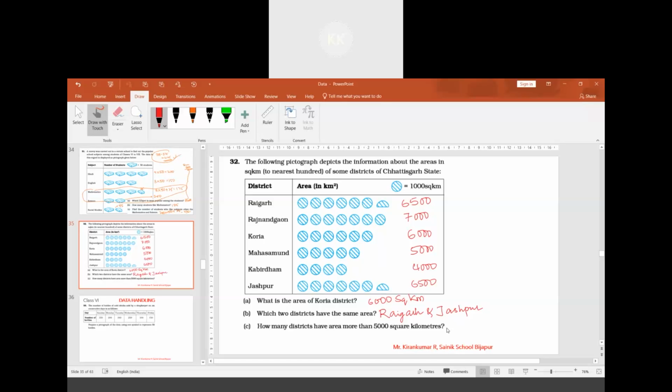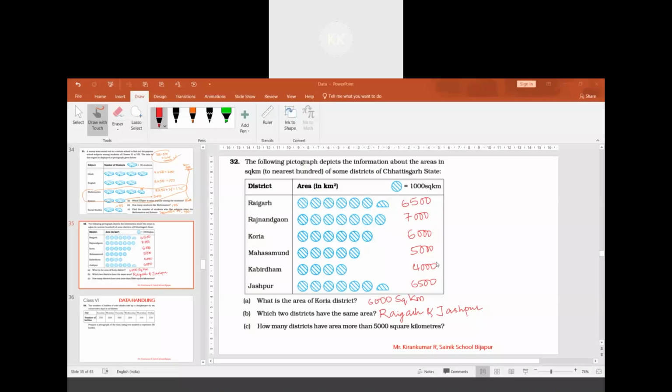How many districts have area more than 5,000 square kilometers? Here this area is less than 5,000 square kilometer.